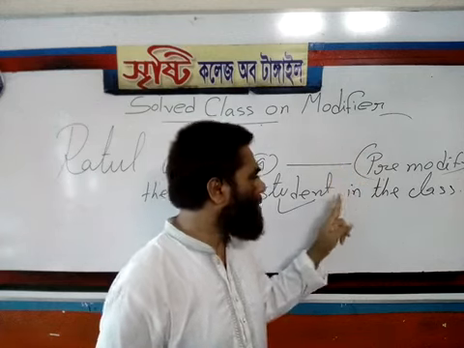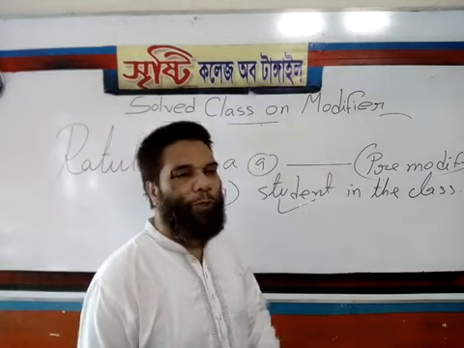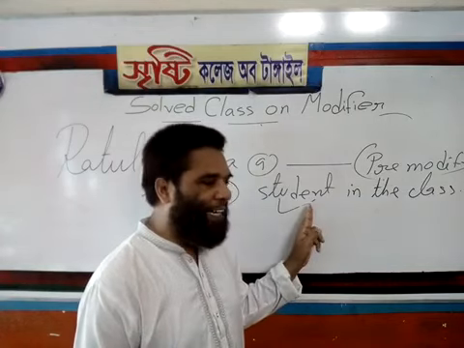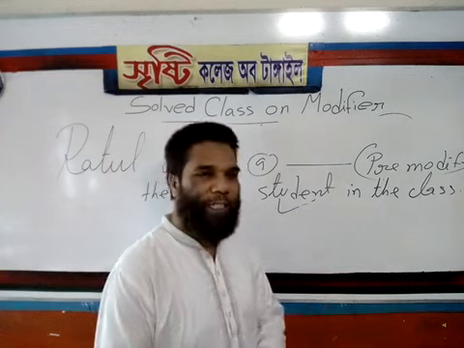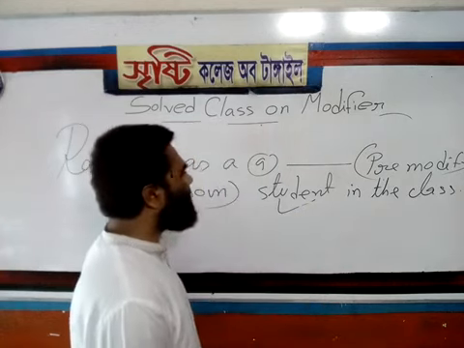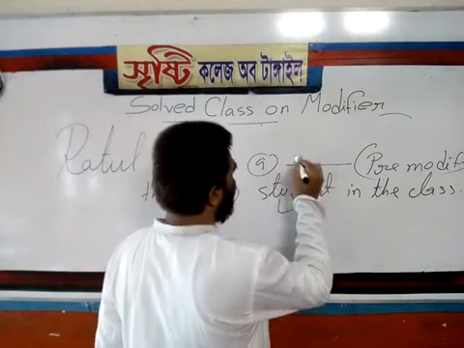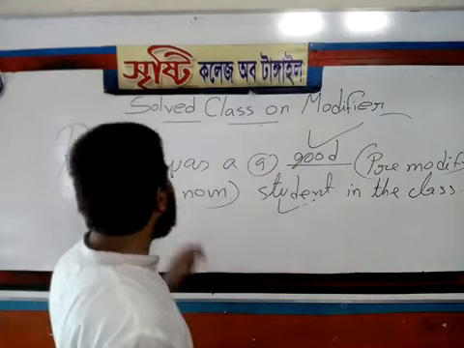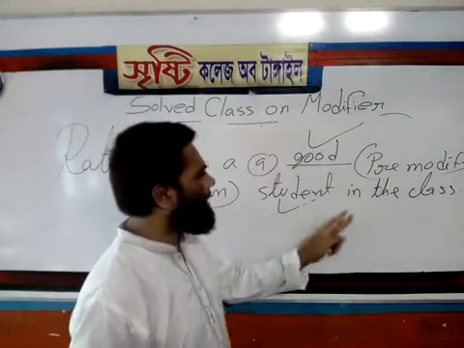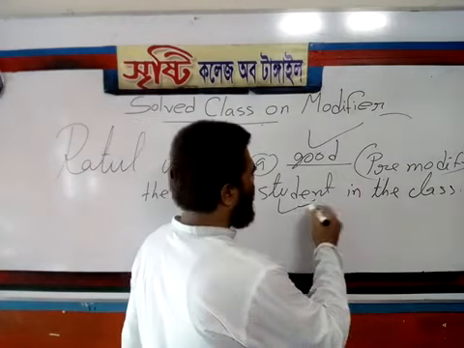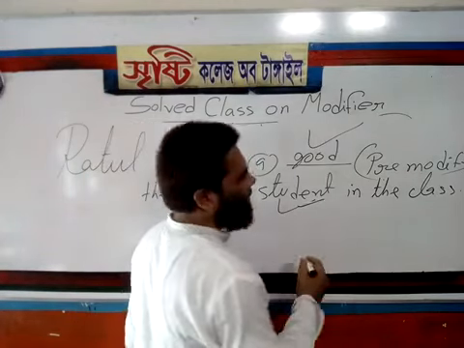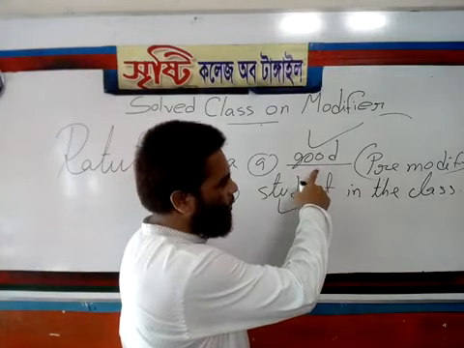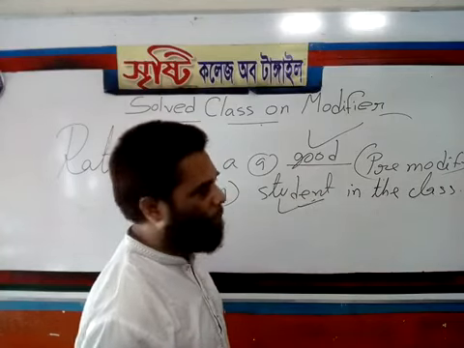Before using adjective before the noun, we have to identify the noun with the question how student. If he was a good student, here good is an adjective. Ratul was a good student in the class. That means noun student or Ratul got modified with the presence of adjective good. That means our answer is good.